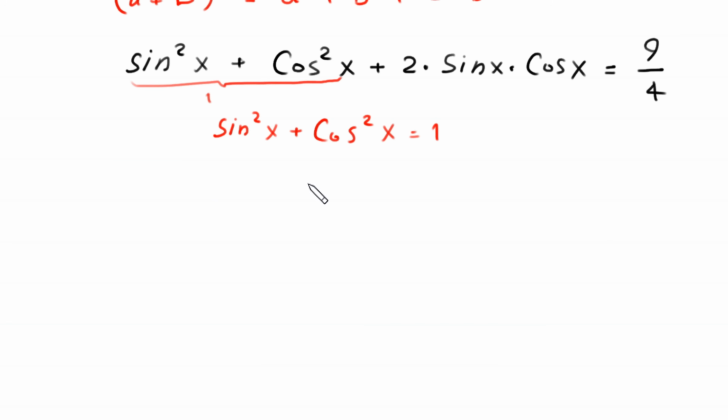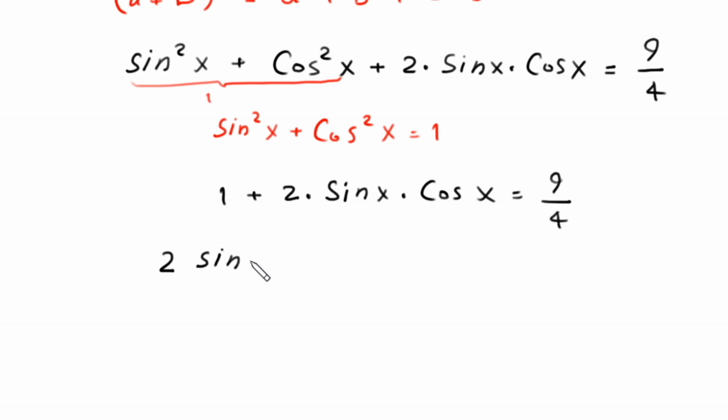So the equation will become 1 plus 2 times sin of x times cos of x equal to 9 over 4. Move this 1 to the right hand side. This will become 2 times sin of x times cos of x equal to 9 over 4 minus 1.